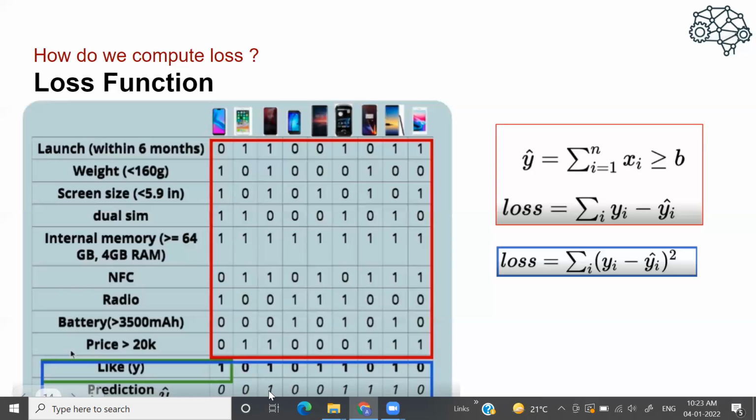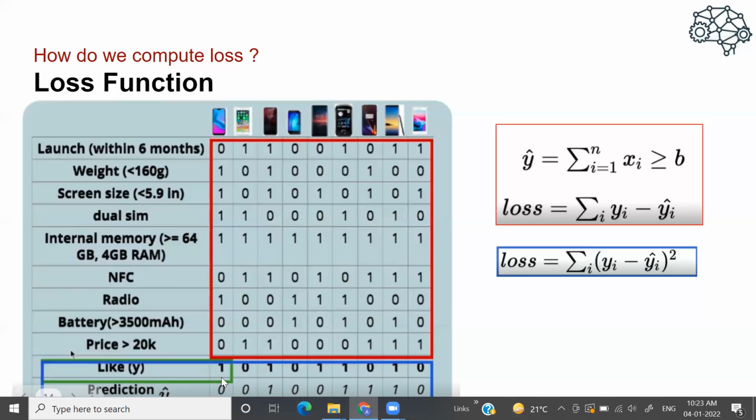We are just assuming that we have created a model and the model is making these predictions. Okay, and now we are trying to assess the performance of that model, right? So to assess the performance of the model, we have a metric called the loss function, right? And what is that loss function? This loss function is nothing but the difference between the actual label and the predicted label, right?